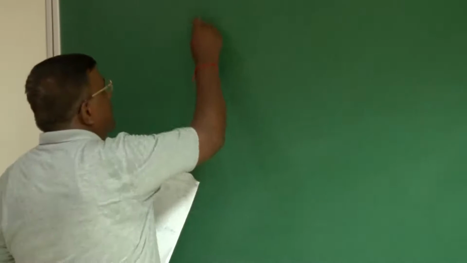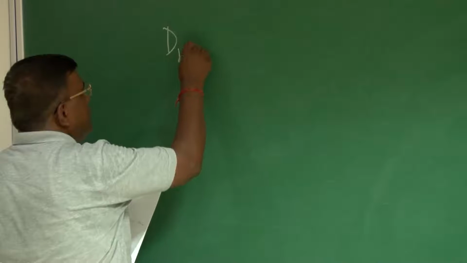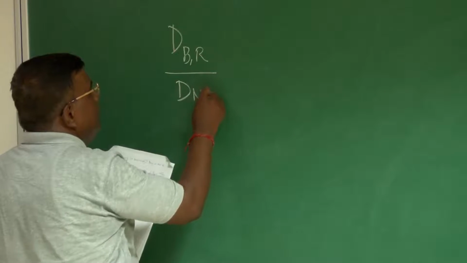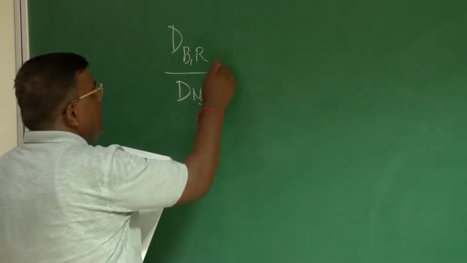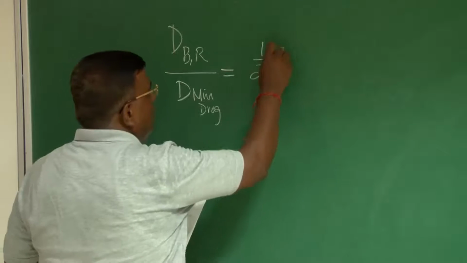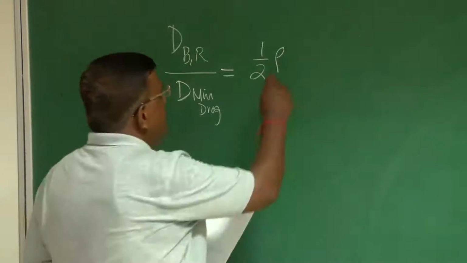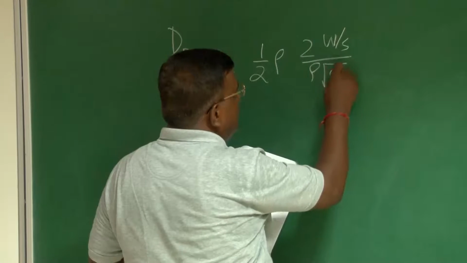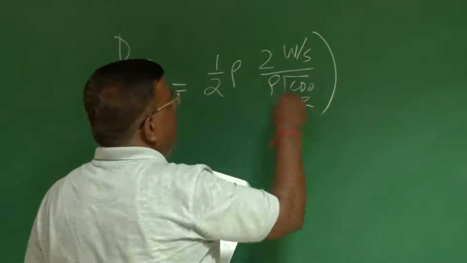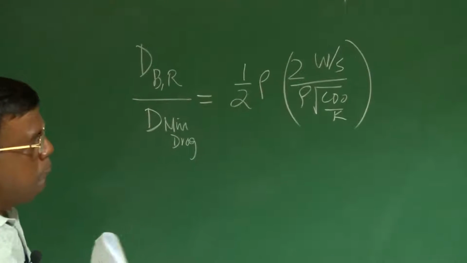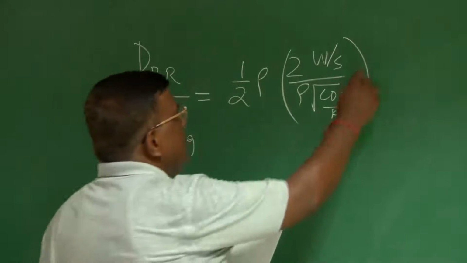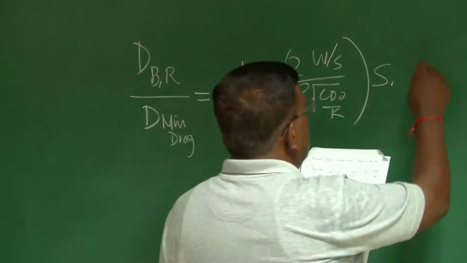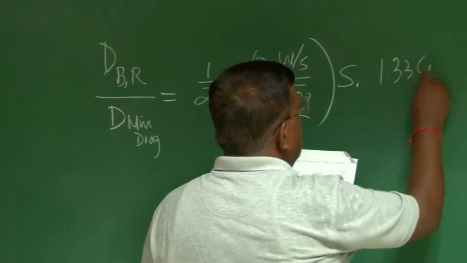So if I compare the drag for best range and drag for minimum drag, this will be half rho V square, where V square means 2 W by S rho under root CD naught by K. Half V square S into CD naught is 1.33 CD naught, right?